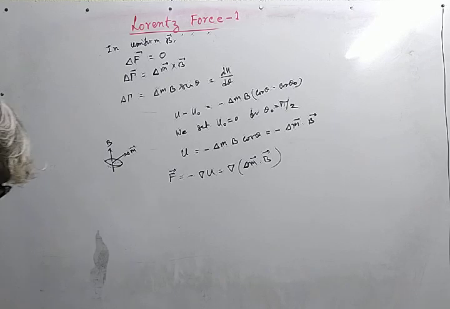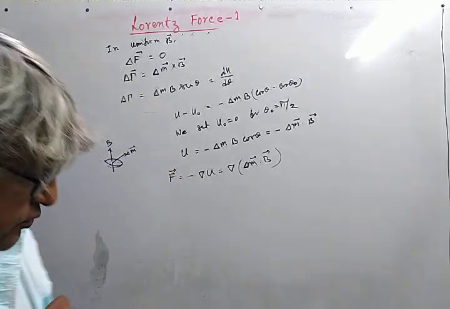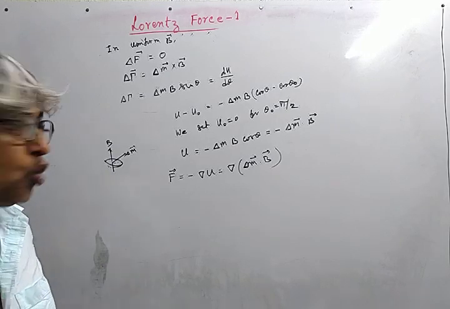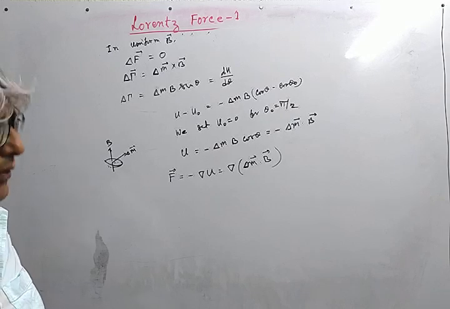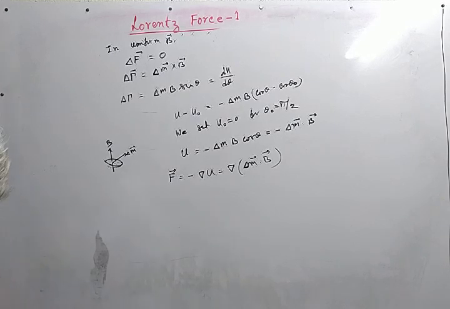In the next class, we shall consider, in this class we haven't bothered about the source of the magnetic field. Here we have just assumed that the magnetic field has been produced somehow, and a current carrying conductor has been placed in the magnetic field. Special attention has been given to small current loops when placed in a magnetic field.